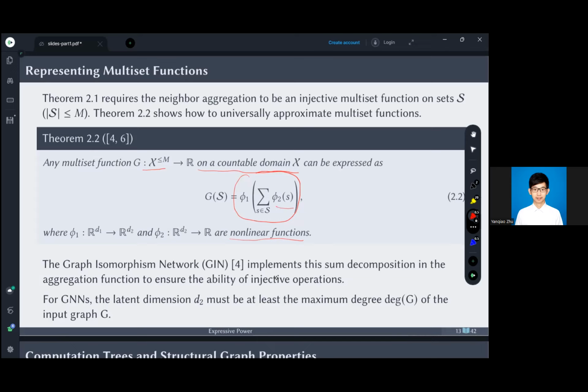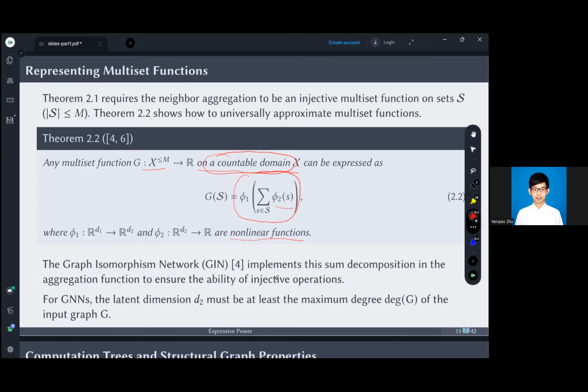It implements this kind of sum decomposition in the aggregate function to ensure the injective operations. One thing to note is that this theorem is based on a countable domain, but in our neural network setting we are actually dealing with continuous domains, right? So there is a gap between the theorem and practice.